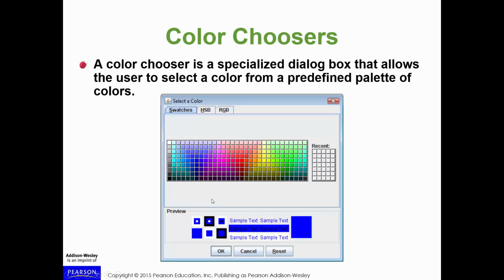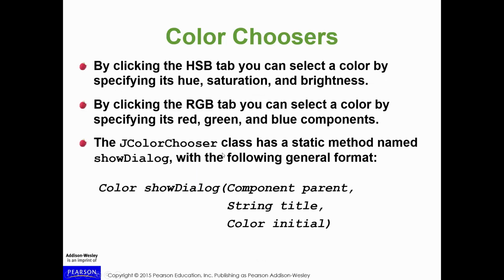All right, there's also a color chooser. Again, this is pretty standard. C# has the same kind of file chooser, color chooser, open file dialog, etc. So the color chooser brings up the specialized color palette.